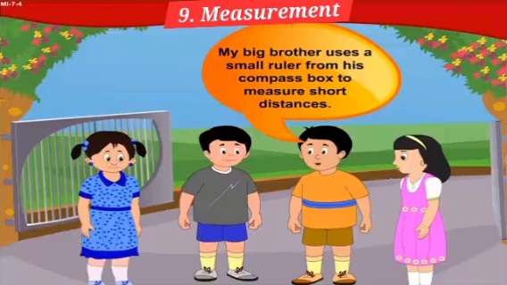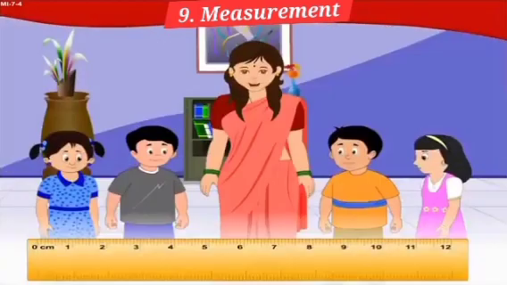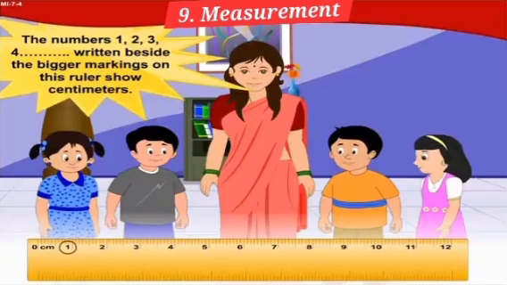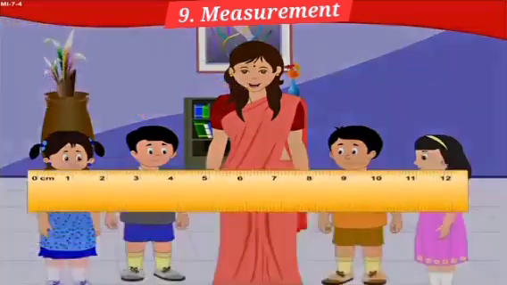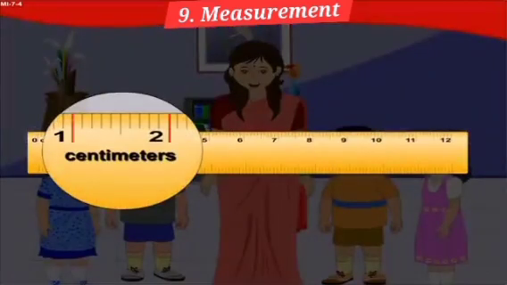My big brother uses a small ruler from his compass box to measure short distances. Alright, Tony, now that you've spoken about a ruler, let me show you a ruler. The numbers 1, 2, 3, 4, and so on written beside the bigger markings on this ruler show centimeters.